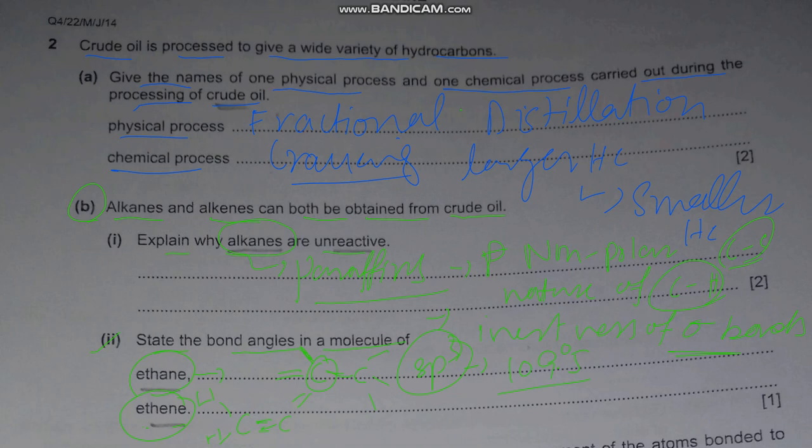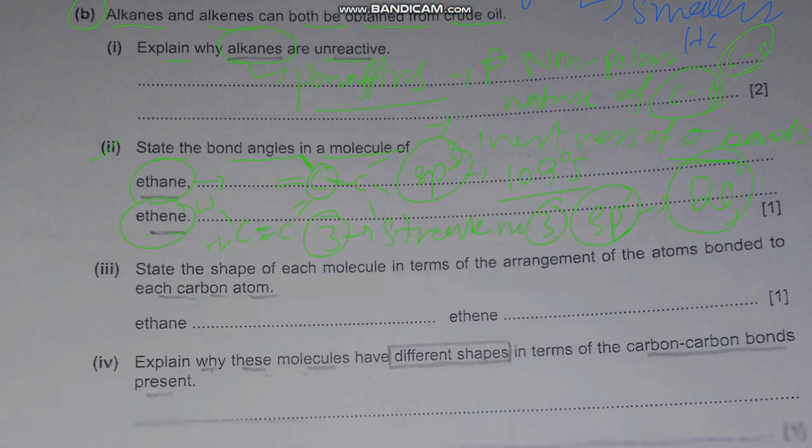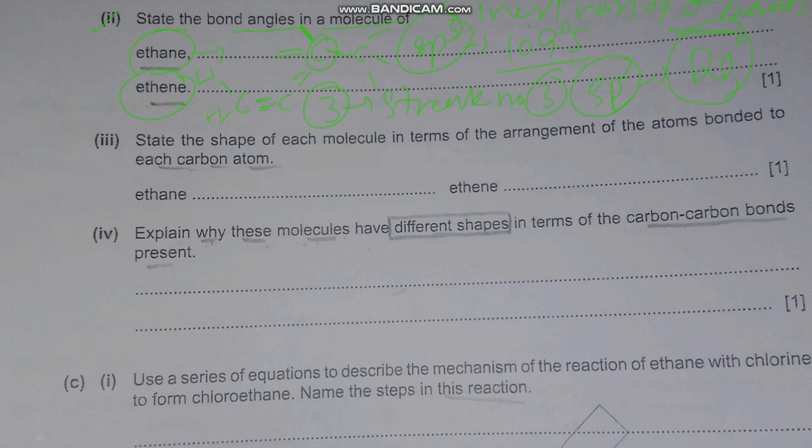We can say there are 3 bonds, or the steric number is 3. So hybridization must be sp2, and in sp2 hybridization there is no lone pair, so there should be the ideal angle, that is 120.